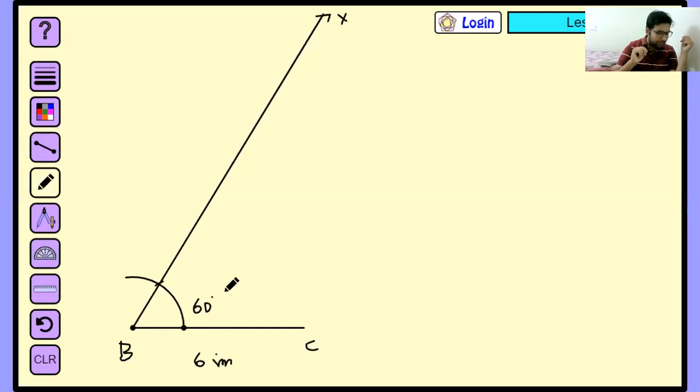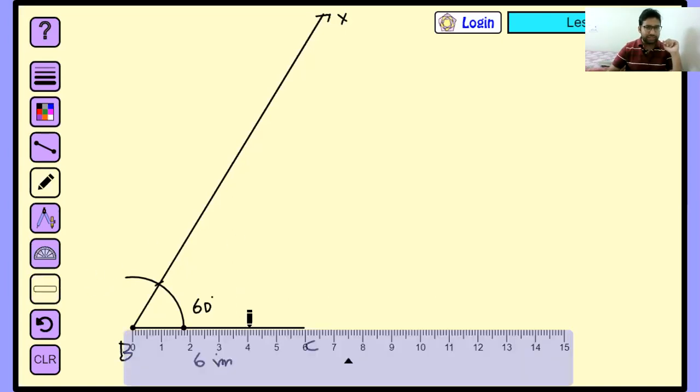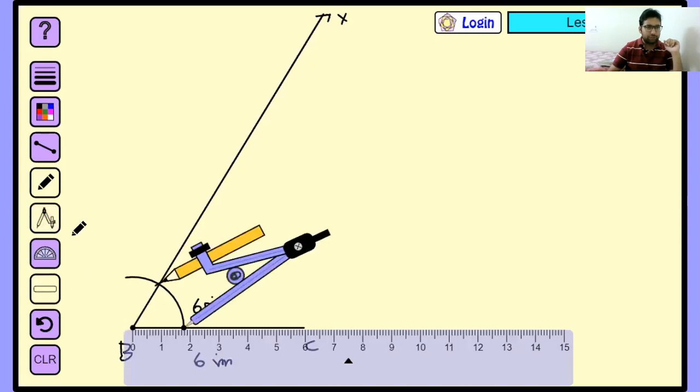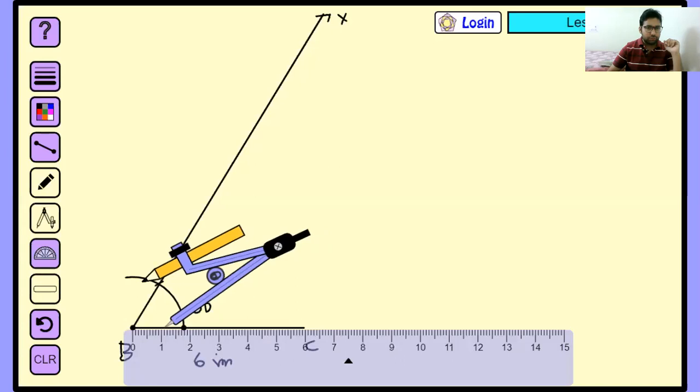The third step is now we will utilize the sum of remaining two sides. Class, what is the sum of remaining two sides? It is 9. So we will take the scale and open the compass on the scale, till 9 centimeter.